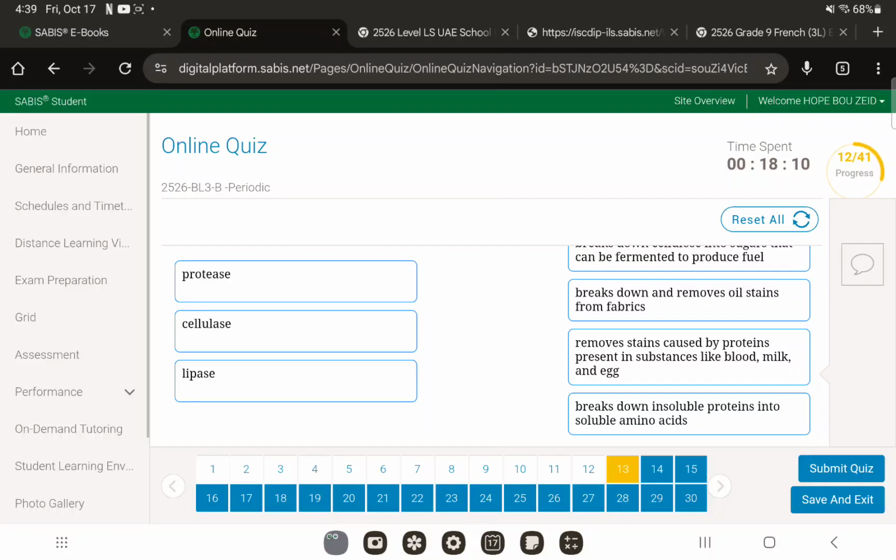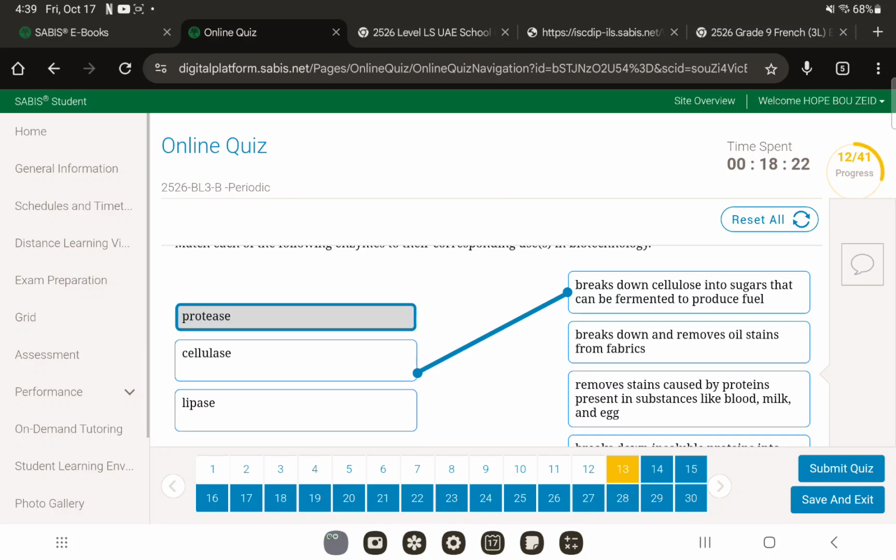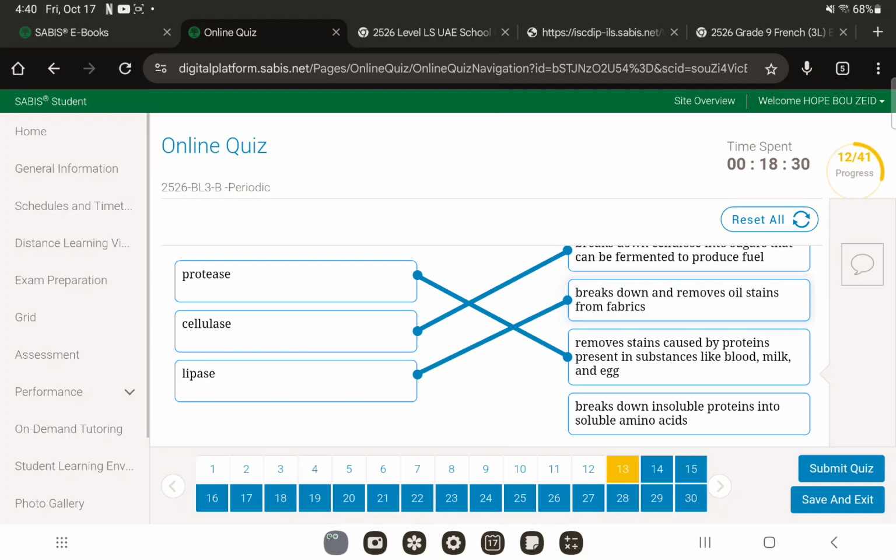Here, let's see. So, breaks down cellulose into sugars that can be fermented to produce fuel, cellulase. Cellulase breaks down cellulose, like how protease breaks down proteins, and lipase breaks down lipids or oil, because oil is a type of lipid.